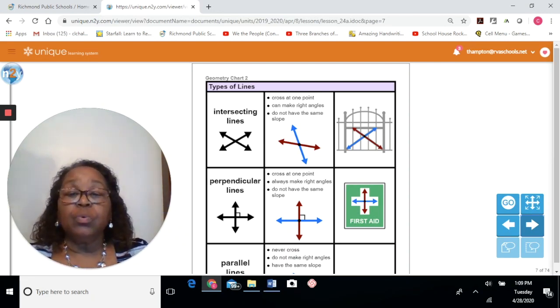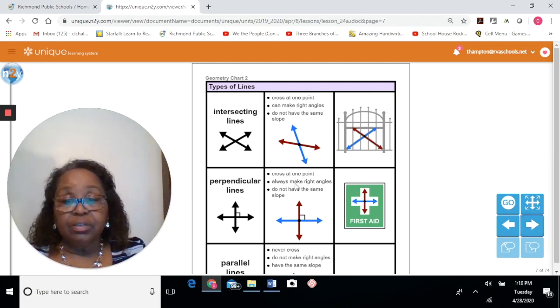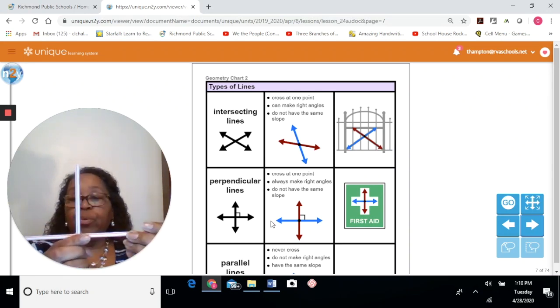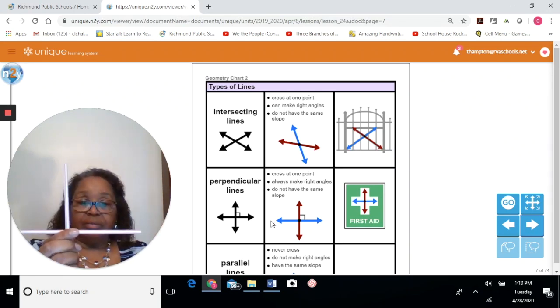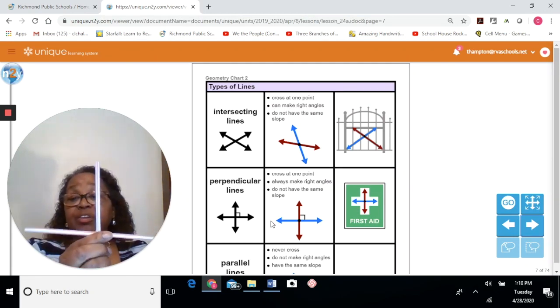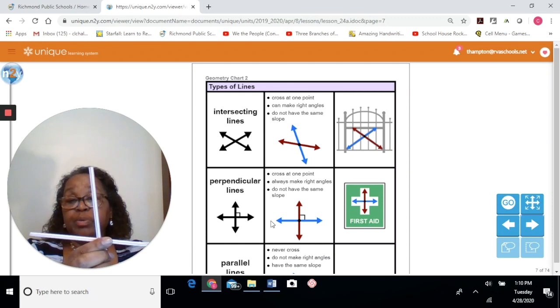Okay, the next one is perpendicular lines. What I like about perpendicular lines, you have to remember this: perpendicular lines make what we call a perfect right angle. Remember, intersecting lines could be perpendicular, but a perpendicular line always has to have a right angle.